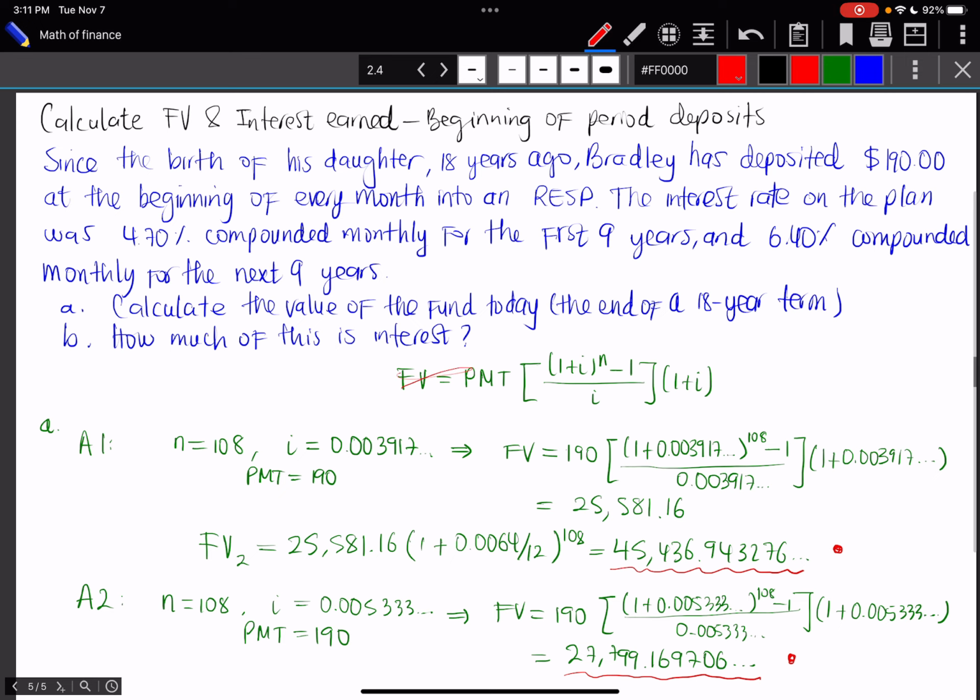So let me erase this formula and get to the answer to part A. The answer to part A comes from adding the future value of annuity 1 and the future value of annuity number 2.